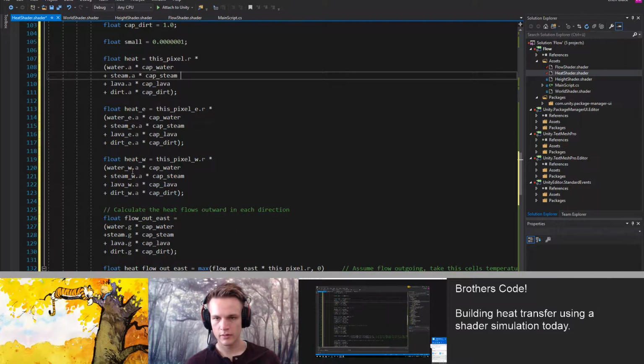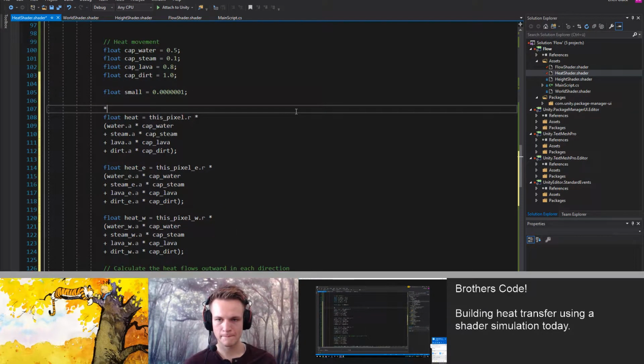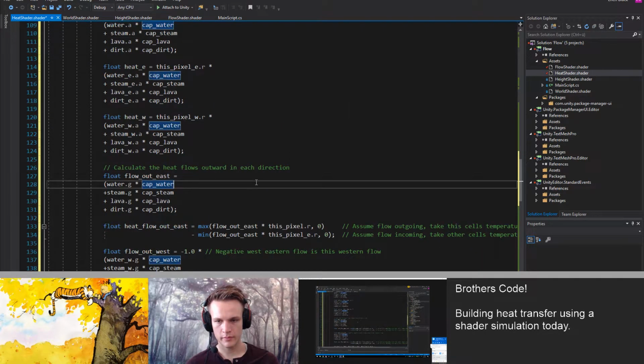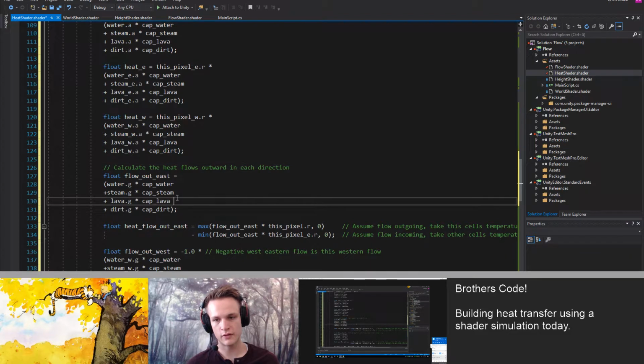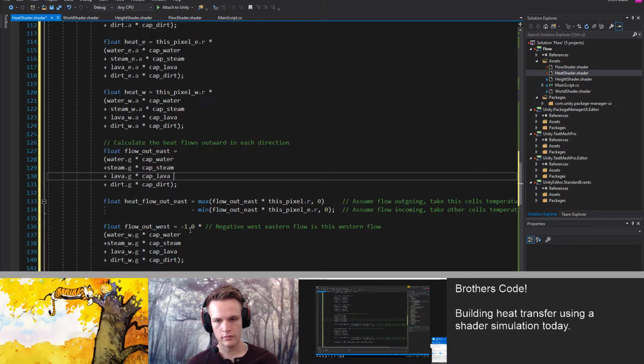Cool. So that's calculate the old heat of the cells. So this would be the old heat flows. Well, that's heat that has flown. Yeah.